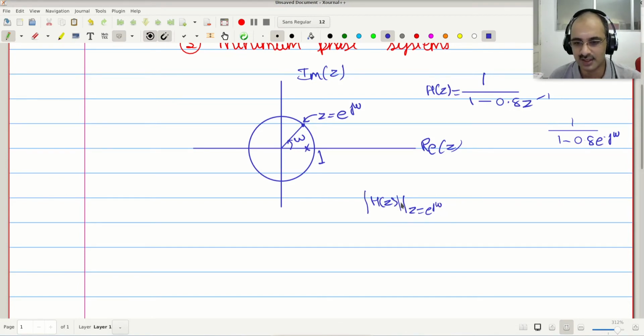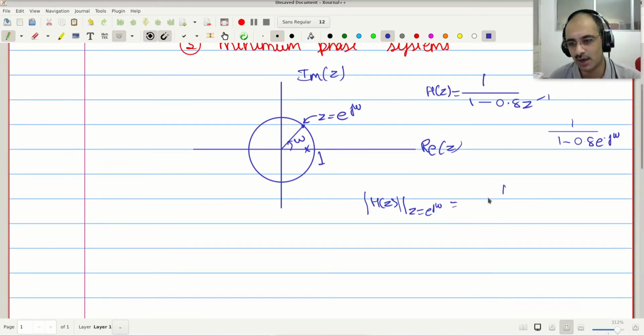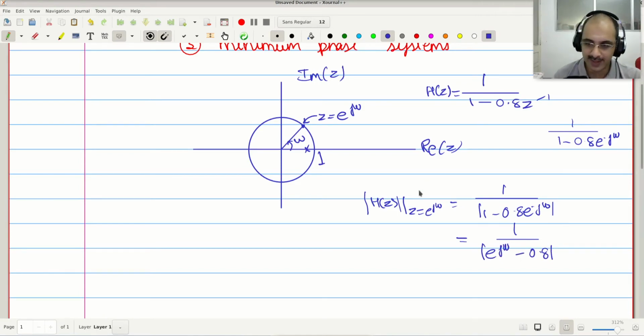That works out to 1 upon the magnitude of 1 minus 0.8 e power minus j omega. Because e power minus j omega has magnitude 1, this is also equal to 1 upon the magnitude of e power j omega minus 0.8, which means this is the point on the unit circle, and this minus 0.8.